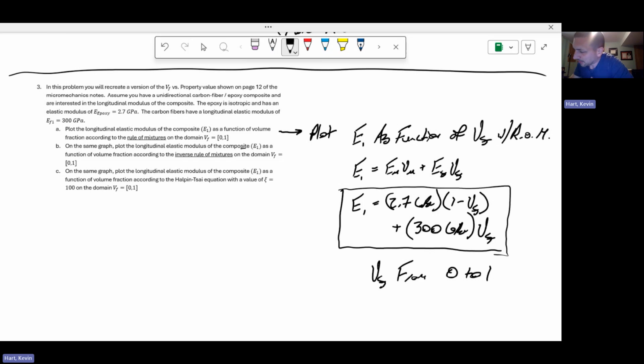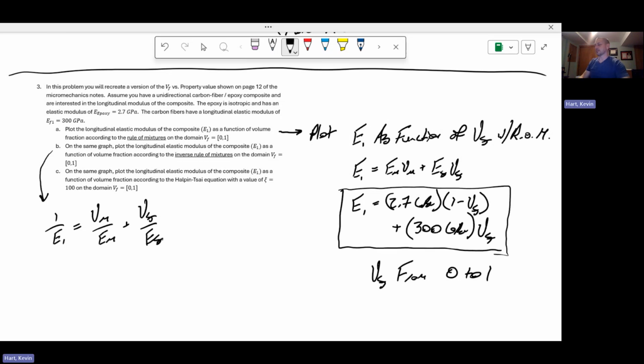Next, you want to plot the inverse rule of mixtures using some of the same numbers. So let's look at the inverse rule of mixtures. Part B, that's 1 on E1. Remember, the rule of mixtures is 1 over the property of the composite is volume fraction of the matrix, property of the matrix, plus volume fraction of the fiber, property of the fiber.